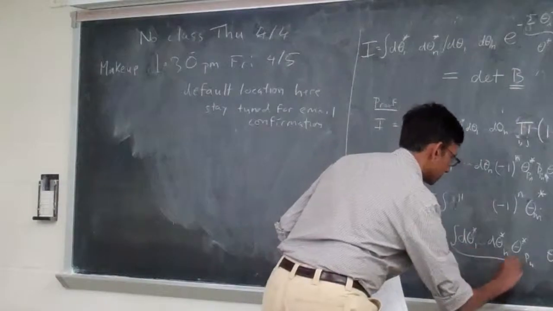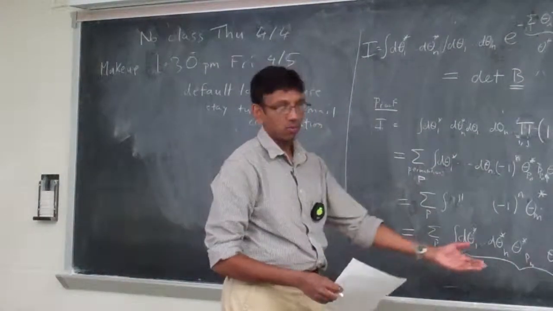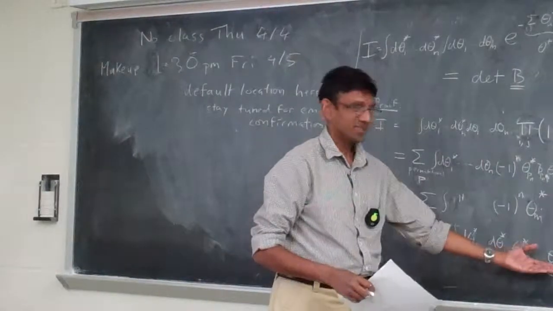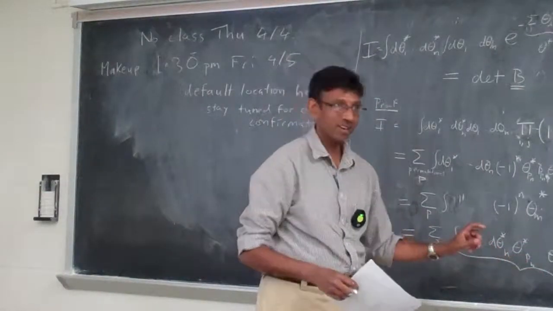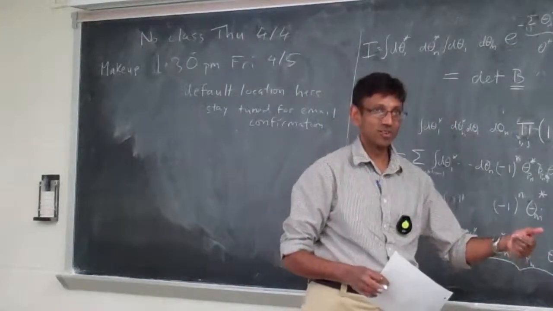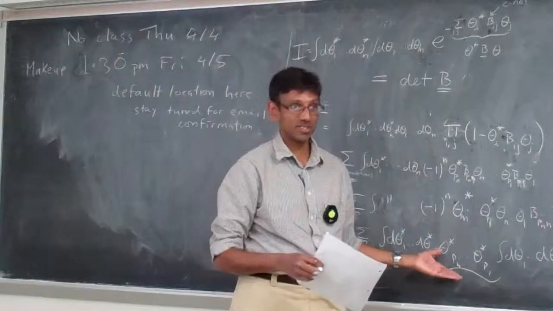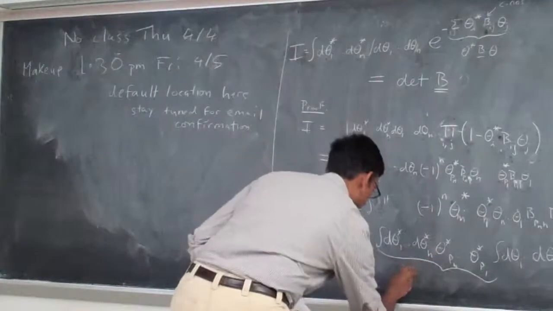What is this? If only they were ordered, it would just be 1. But they're not ordered. There's a permutation, and every exchange is costing me a -1 by the Fermi statistics. So this in fact has a name.